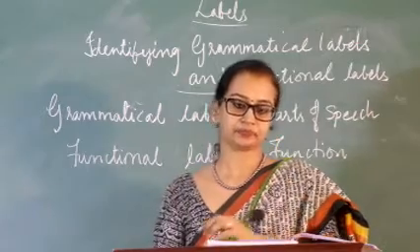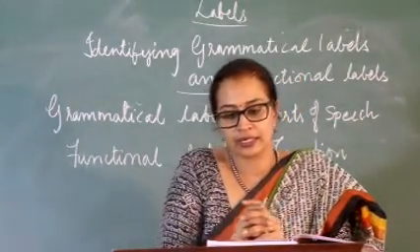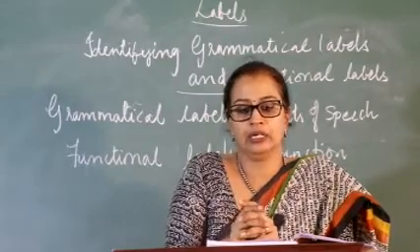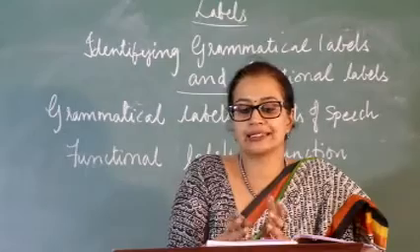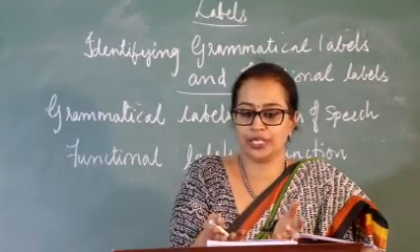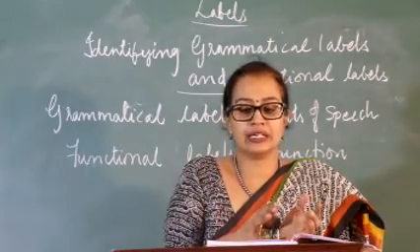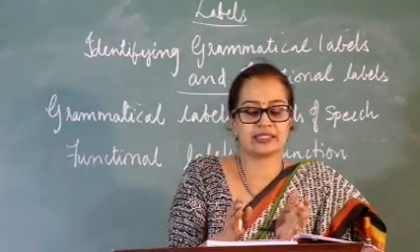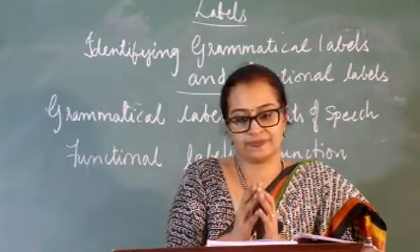Grammatical label is a form concerned with the description of linguistic units in terms of what they are, their name. In other words, we will be concerned only with 3 levels, that is the word, phrase and clause.